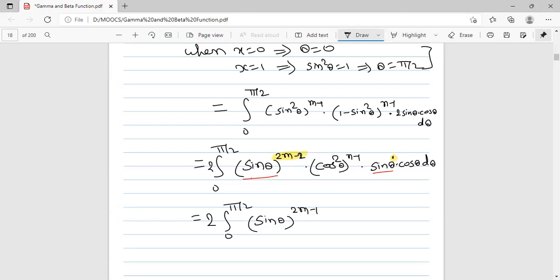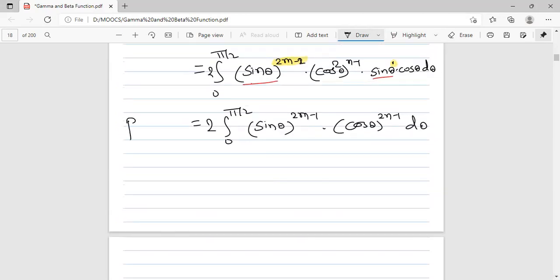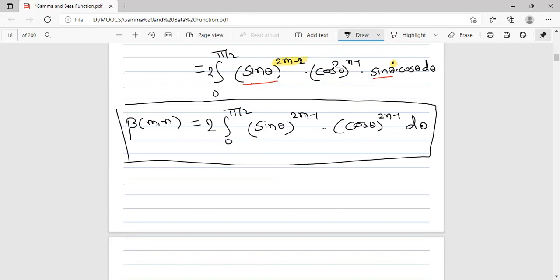Similarly, for this function, cos theta raised to power 2n minus 1 d theta. This is our simplest form. This is the trigonometric form: beta mn is equal to 2 into 0 to pi by 2 cos theta raised to power 2m minus 1 sine theta raised to power 2n minus 1 d theta.